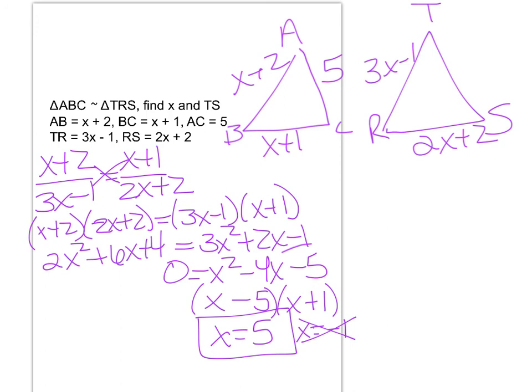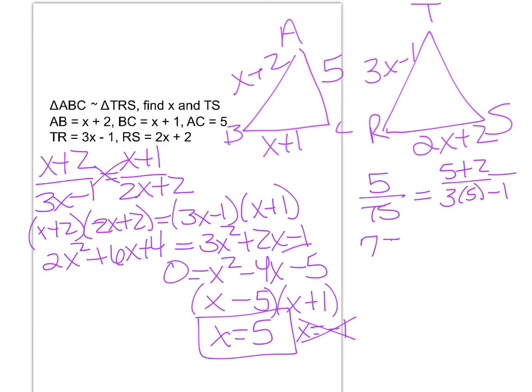Now they want TS. Okay, well, 5 is to TS as, and I can choose either one of these. I'm going to choose AB. So 5 plus 2 is 7, as 3 times 5 minus 1 is 14.